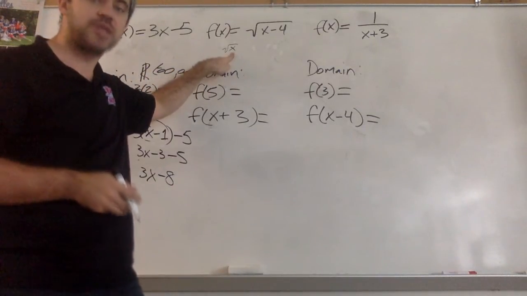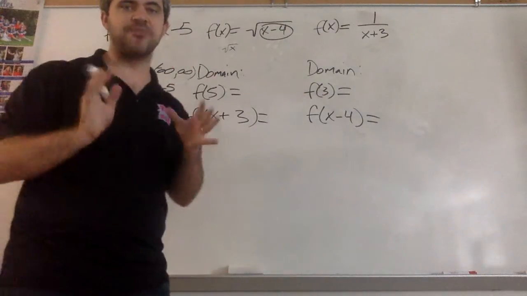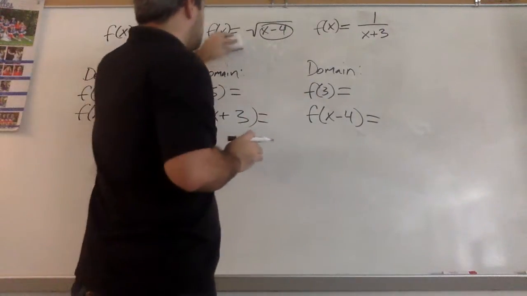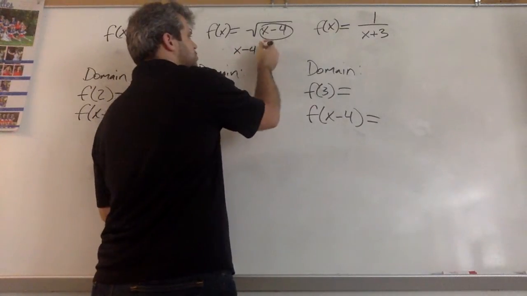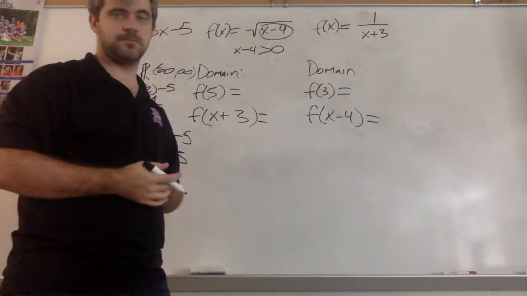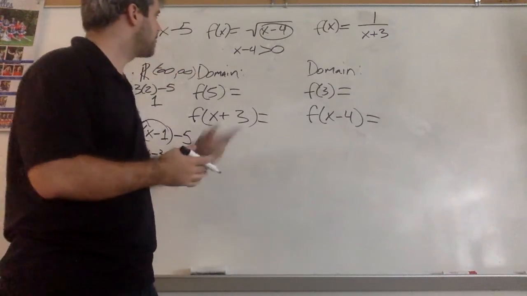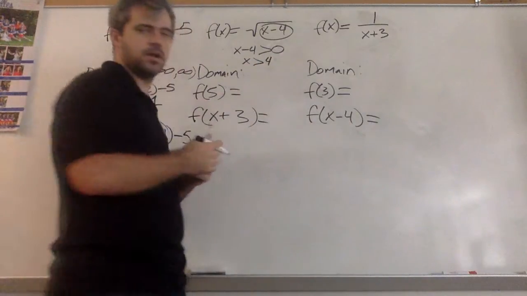We can't go negative. So this value right here can never go negative. So x minus 4 has to be bigger than 0. Okay, so if we adjust this, this is saying that x has to be bigger than 4.